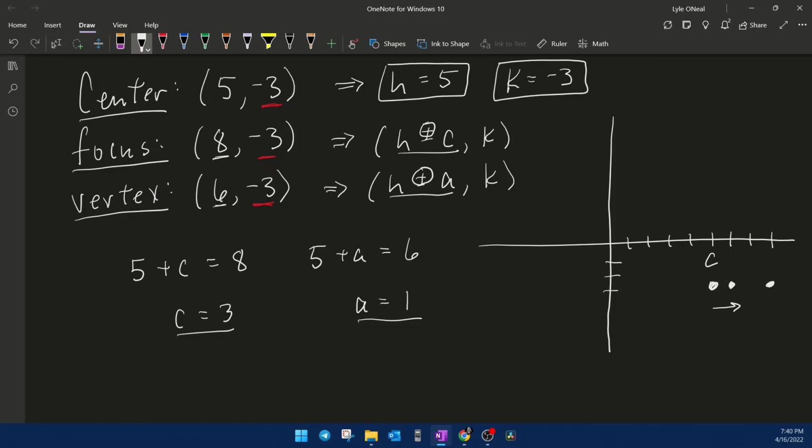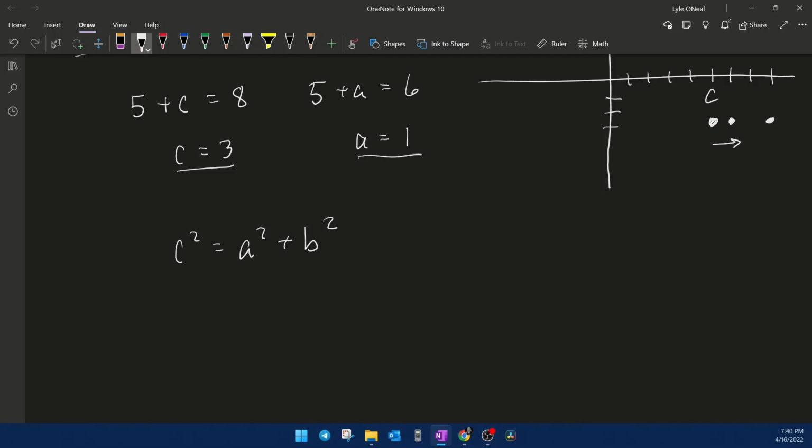Now that I know a and c, I can find b, and then I can write my equation. Using our Pythagorean relationship, doing a little plug and play, we're going to have 3 squared equals 1 squared plus b squared. If I subtract 1 squared from both sides to get b squared by itself, 3 squared is 9. 9 minus 1 is 8.